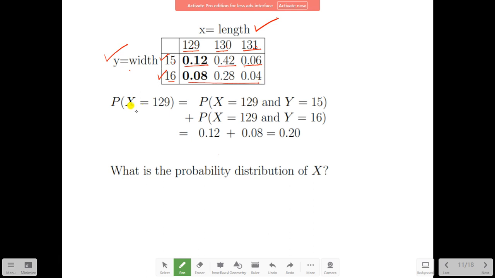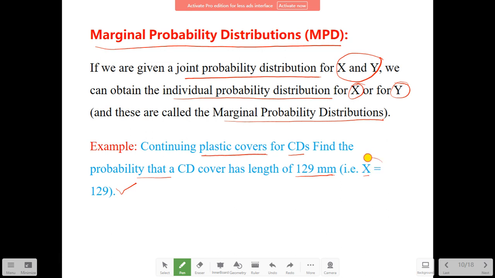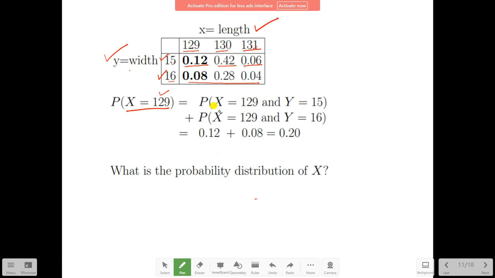Then the probability of the random variable X equal to 129, which is given. In that case, this is equal to the probability of X equal to 129 and Y equal to 15, plus the probability of X equal to 129 and Y equal to 16.